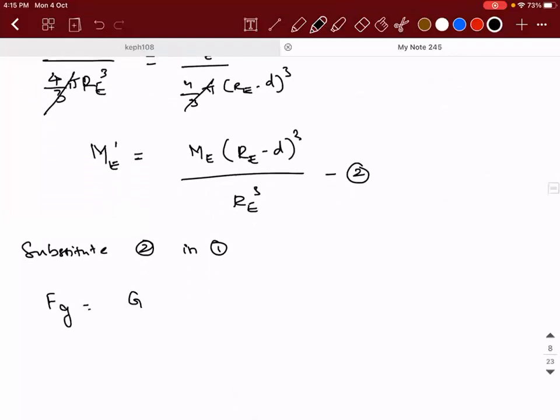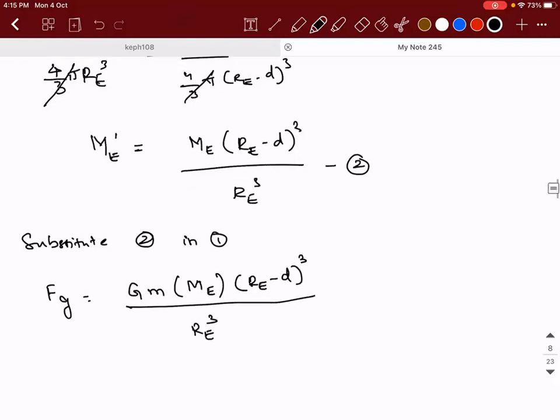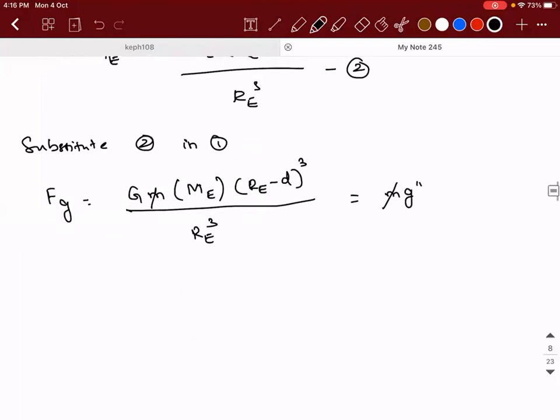Fg will be equal to G into small m into, in the place of ME dash, I will write ME into RE minus D the whole cube divided by RE cube. This will be equal to M into G double dash. So M and M will get cancelled. G double dash is equal to GME divided by RE cube.